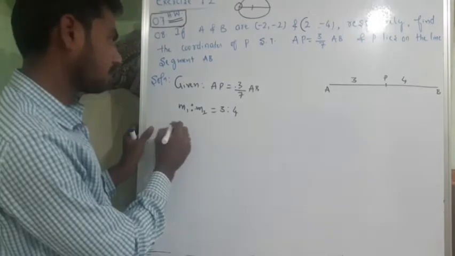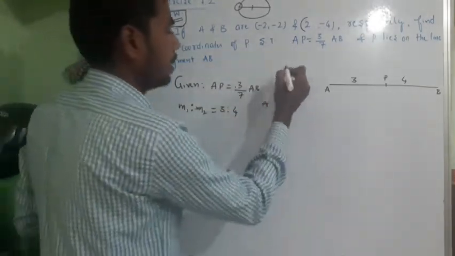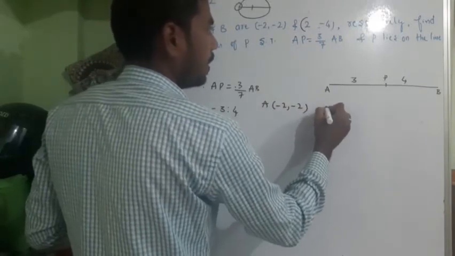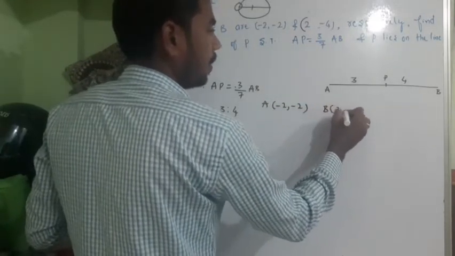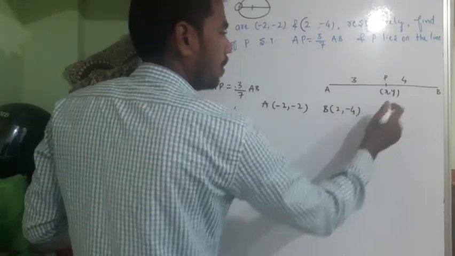Now, what is given? A is minus 2 comma minus 2 and B is 2 comma minus 4. So let P be x comma y. We need to find it.